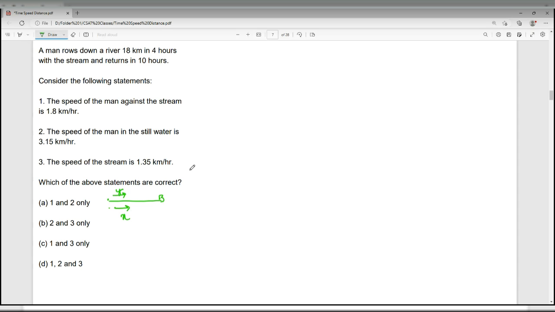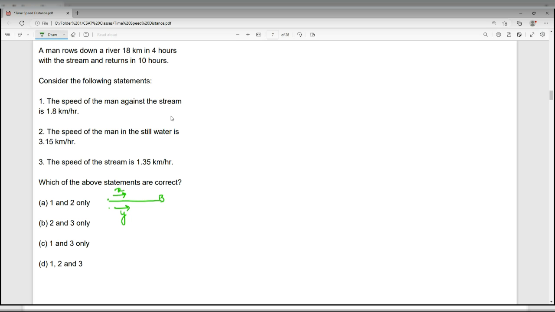Or we can take this as y and x, it's not an issue. Let the speed of the rowing person be x, and the river speed be y.